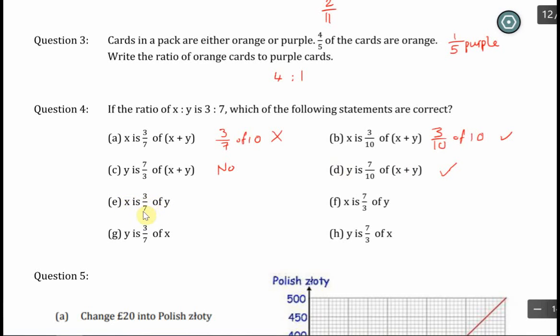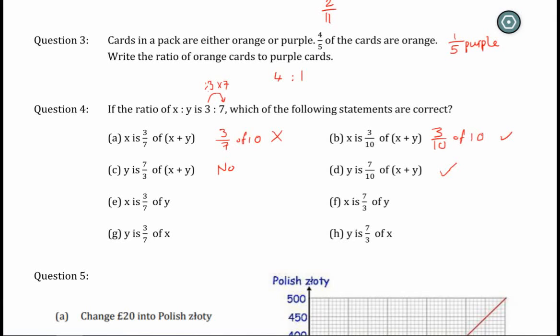X is 3/7 of y. Now when it comes to comparing individual parts of a ratio, think about what you'd have to do to turn 3 into 7. So to turn a 3 into a 7, I would need to divide it by 3 to turn it into a 1, and then times 7.